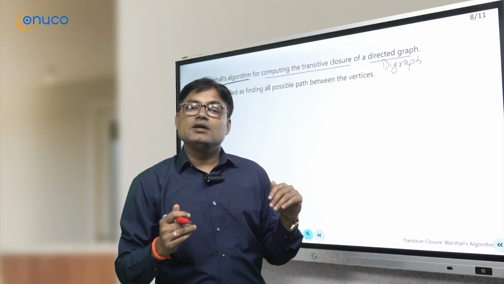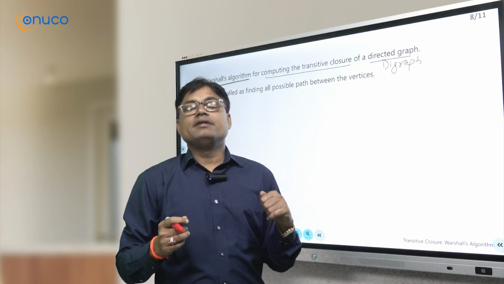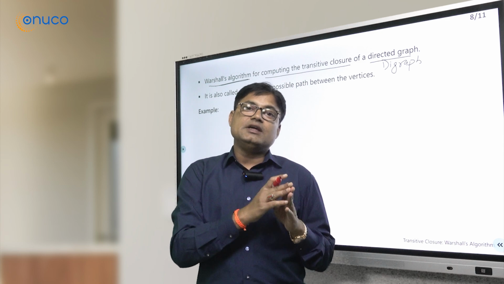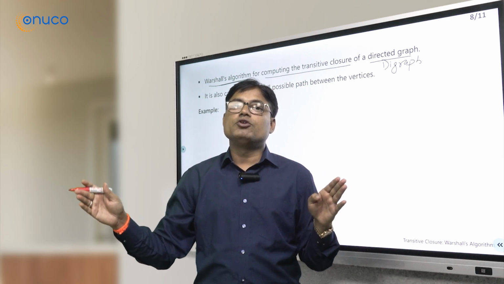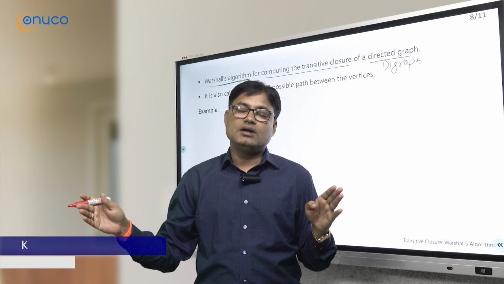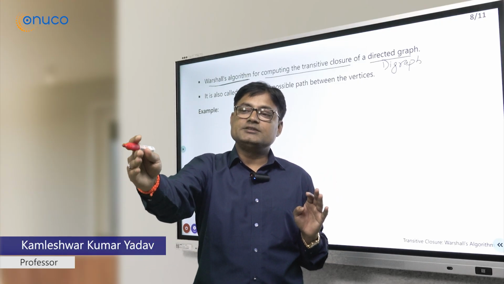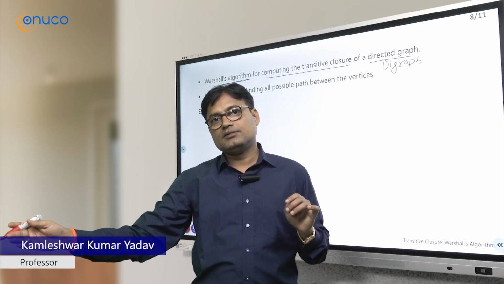At the beginning, if there is no path, say we can give an example: if from city A to city C we don't have a direct path, but there is a path from city A to city D and city D to city C, right?